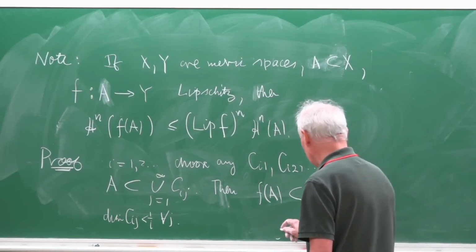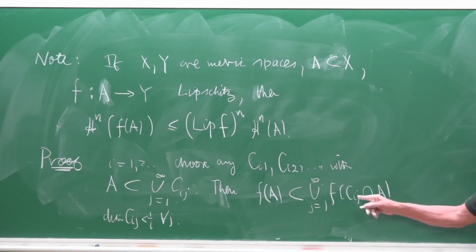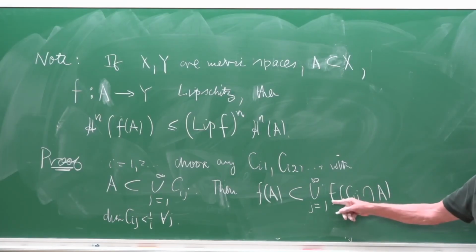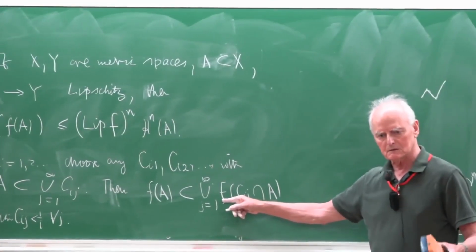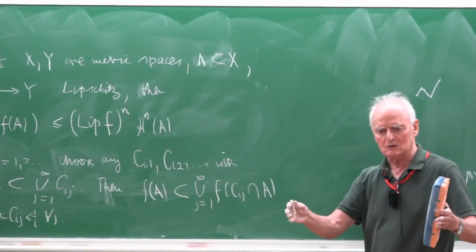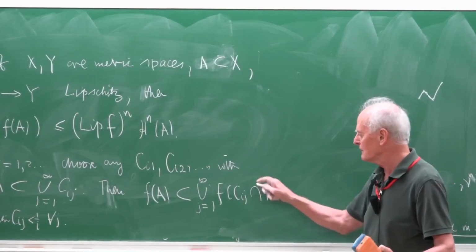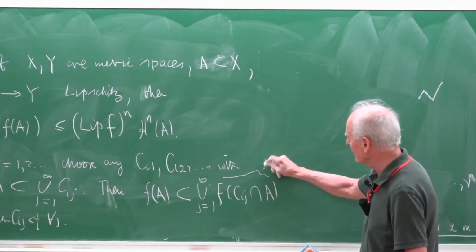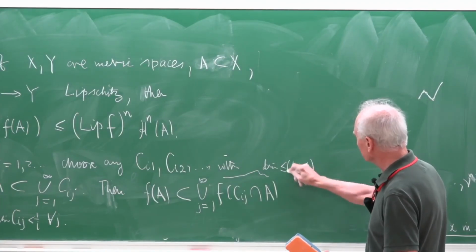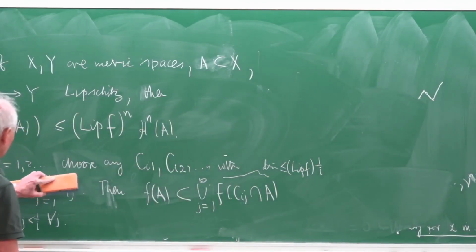And then what about the diameter of this guy, though? F is a Lipschitz function with Lipschitz constant, say L. Then remember, Lipschitz constant means the distance stretches by at most a factor of L. So that means those sets have diameter less than or equal to Lip F times 1 over i. In fact, I didn't need to do the i thing, I don't think.